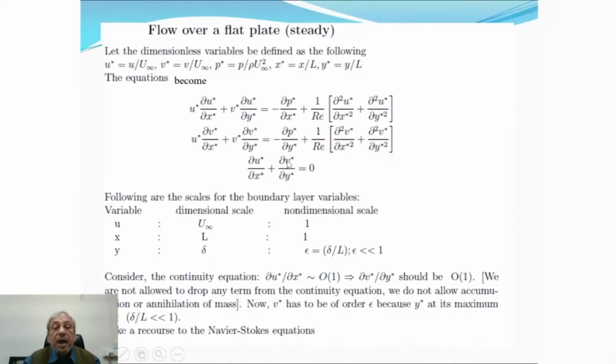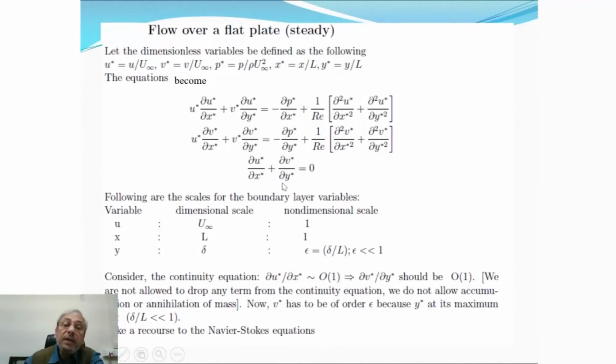That means, in order to have order 1 of this term, v star should also be of the order of epsilon. Then only del v star by del y star will be of the order of 1.